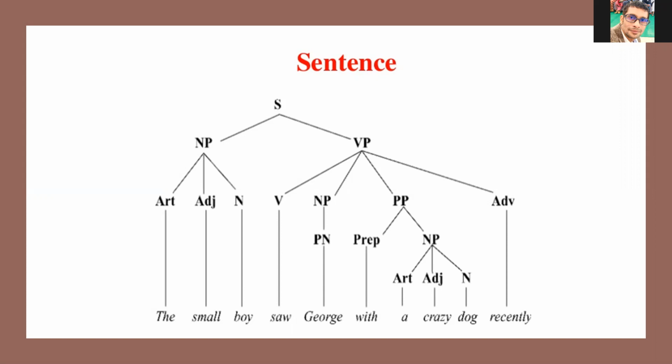But in the end, the verb, NP, PP, and the adverbial phrase make a VP, because as I have already told you, a sentence is directed to NP, VP. That is the main division of the tree diagram. Then the other branches would emerge, but the main division is that a sentence is directed to NP and VP. Let us go to the next slide.